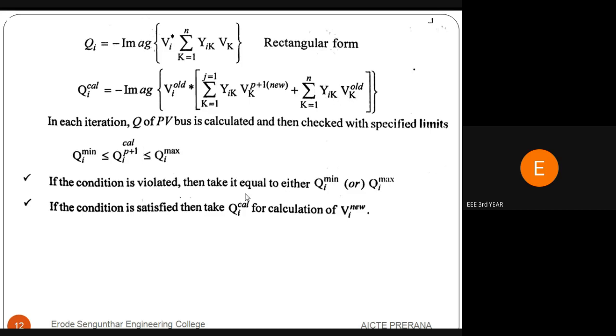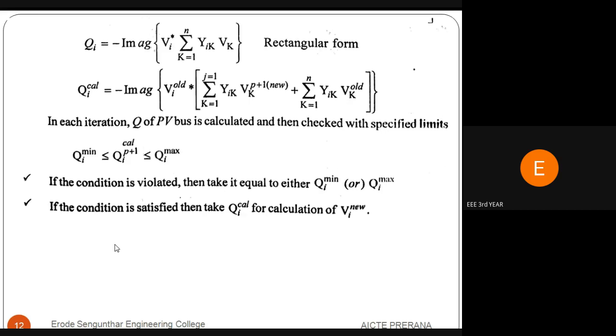In each iteration, Q of the PV bus is calculated and then checked against the specified limit: Q_i minimum less than or equal to Q_i calculated less than or equal to Q_i maximum. If the condition is violated, then it is set equal to either Q_i minimum or Q_i maximum.